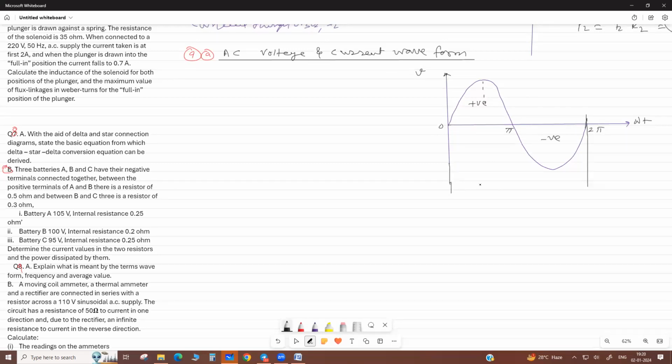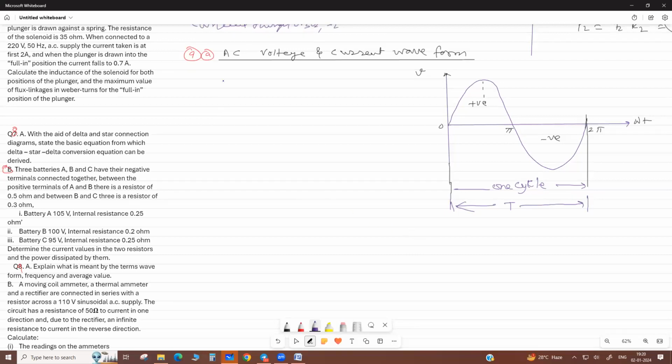This is called one cycle. And the time taken to complete this one cycle is called the time period T.